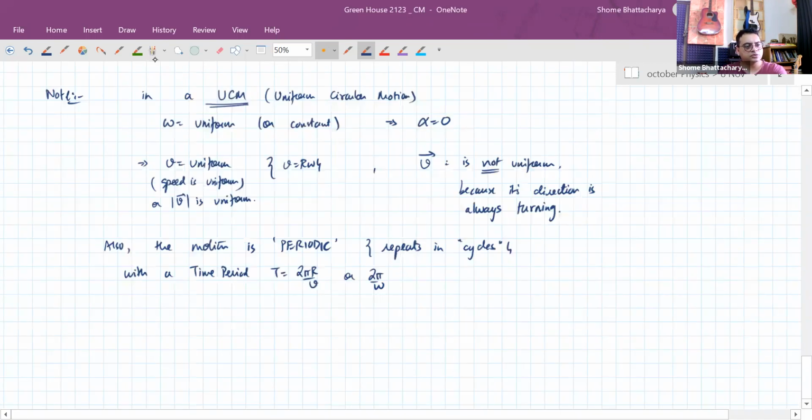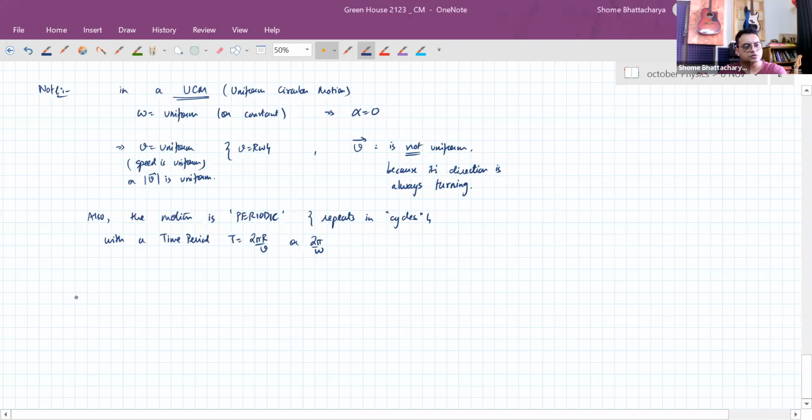So obviously, as opposed to this, in a non-uniform circular motion, angular speed is variable because alpha is not equal to zero.